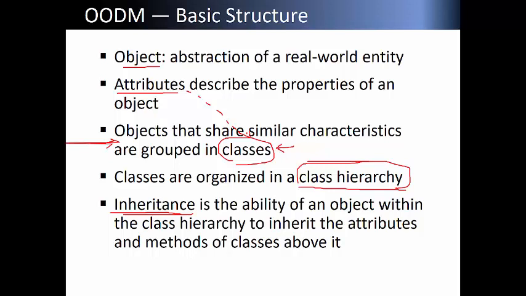Then we can say we have two subclasses under the class called student. Pictorially, this is a student. Student has undergraduate students. Student has graduate students.